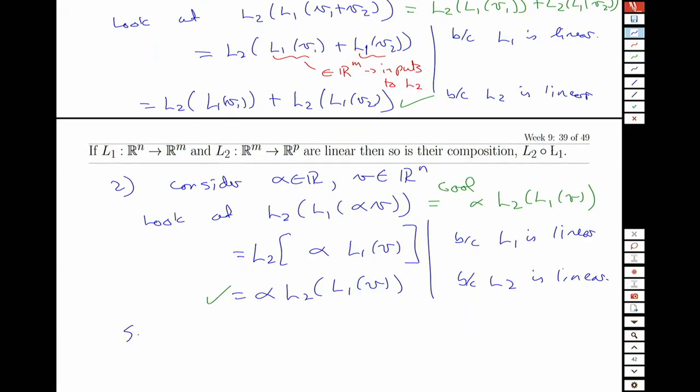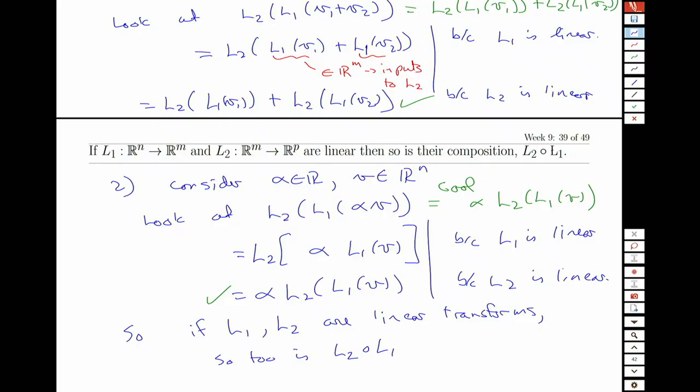So if L1 and L2 are linear transforms, so too is L2 following L1. All right.